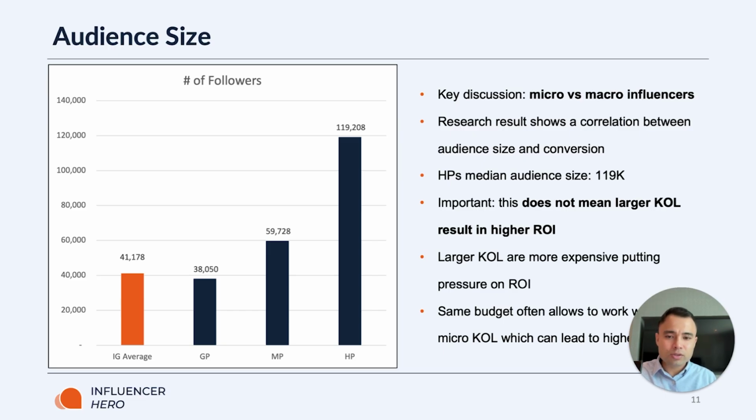With some clients, we've seen patterns where smaller influencers work better, so we double down on that, and with others, larger influencers work better. So you need to test a little bit on that. Just make sure that you have a decent batch of data, right? Because this also can be a coincidence. Maybe one macro influencer performs really, really well, but that doesn't mean that that's always the case, right? So take that with a grain of salt. But overall, if you look at the data, yes, there is a correlation between audience size and conversion.